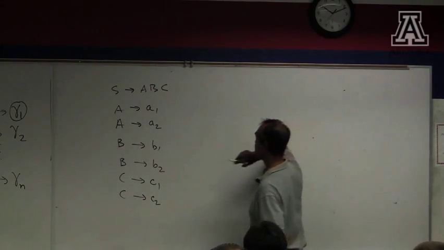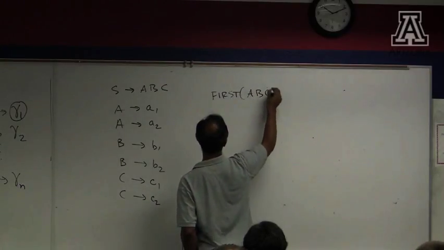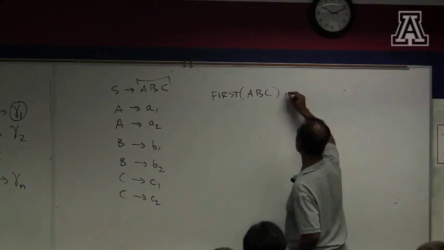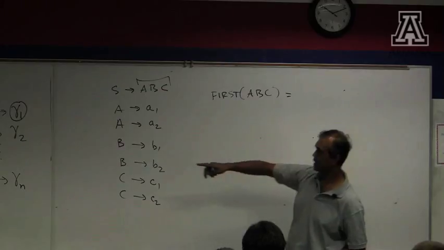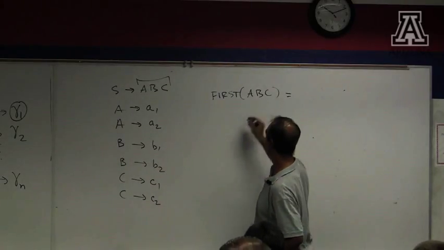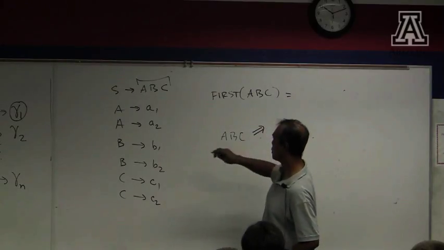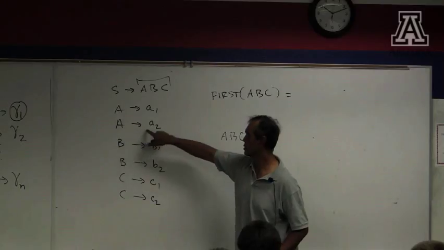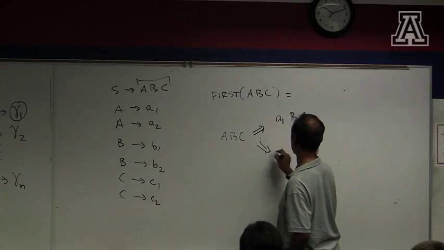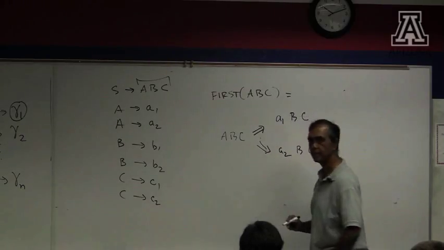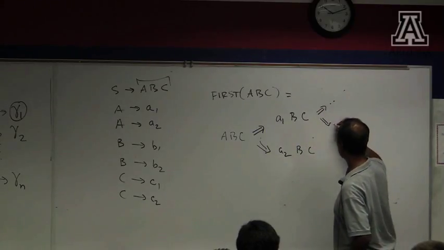Straightforward grammar. So question: first of A B C. Let's look at this whole right-hand side. Well, let's suppose we start doing derivations. We had that picture that I just erased. If I start with A B C and start doing derivations every which way, I could go two ways. I could use this rule, or I could use this rule. A1 B C, A2 B C. And then this guy could go in various ways.